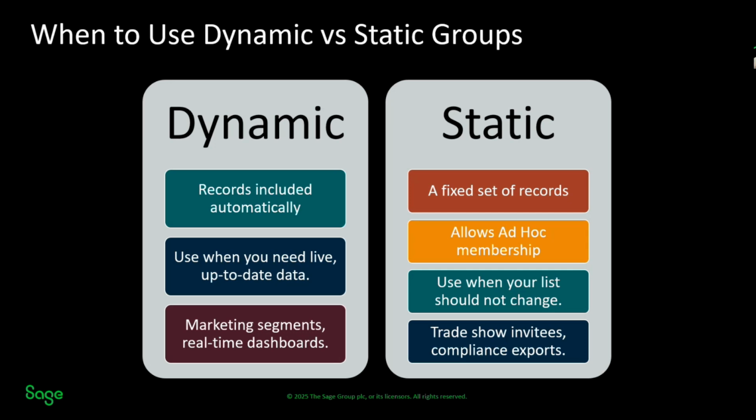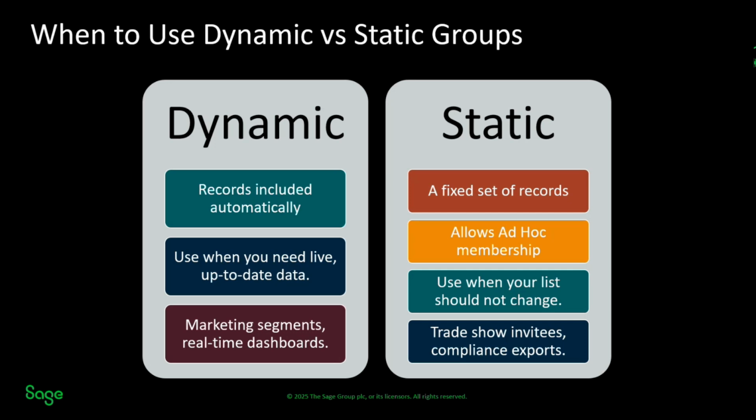They're a fixed set of records defined in time, and they allow ad hoc membership. So either they were created with an initial database query, or they are simply selected into the group. Both are supported as a way of building this fixed list of records.